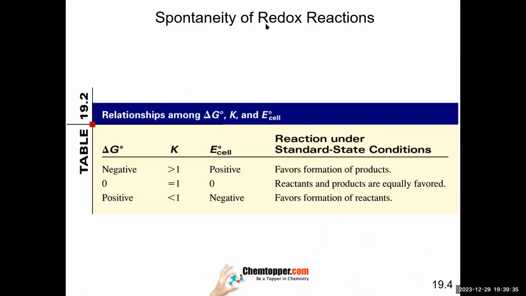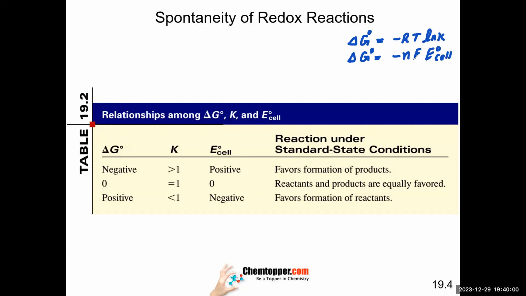So delta G is connected to K by using this equation, minus RT ln K, and delta G is also connected to E naught cell. This is delta G naught, all of them. Now what is F here?